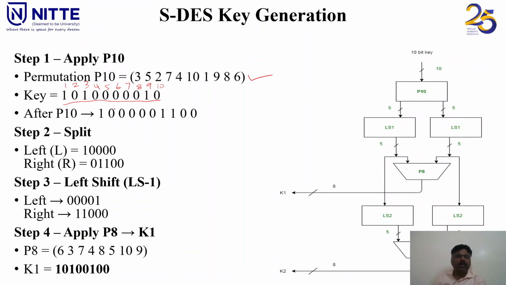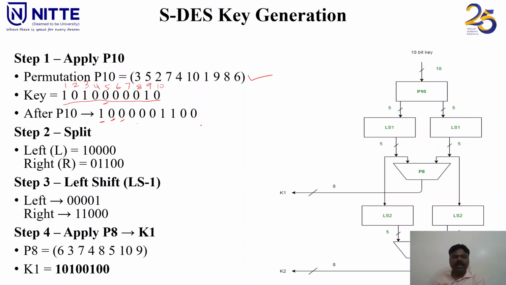So now when I'm rearranging, the third bit comes as the first one, and the fifth bit is 0 here, so it will come and occupy the second position. Similarly, the second position value, that is 0, will come to the third position. So likewise, all the numbers will get arranged with respect to P10.